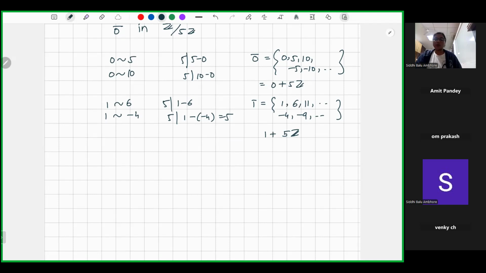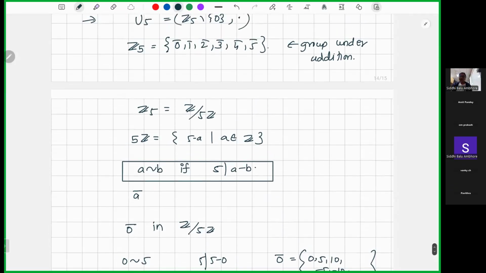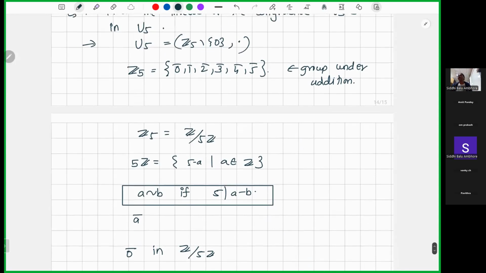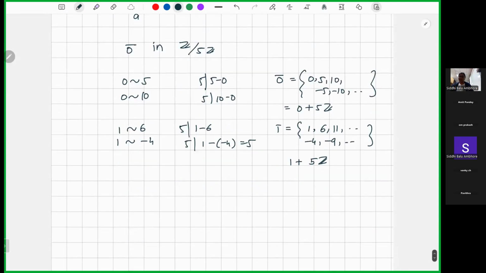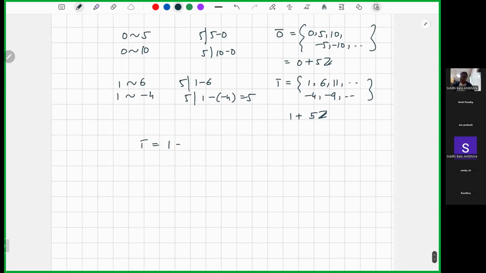So you got the idea what this equivalence class means and what this bar means. When I write 1 bar, it signifies this entire class 1 plus 5Z.